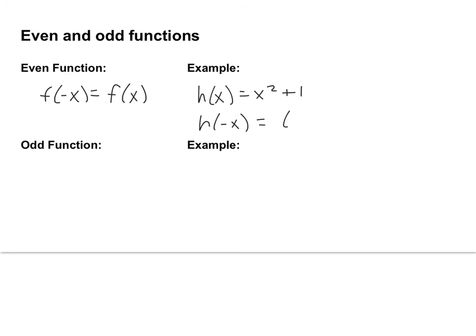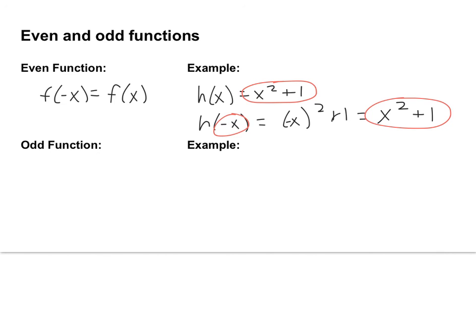So that would be negative x squared plus 1, which would mean I have the same as x squared plus 1. And because my original and my function evaluated at h of negative x are the same, that would be an even function.